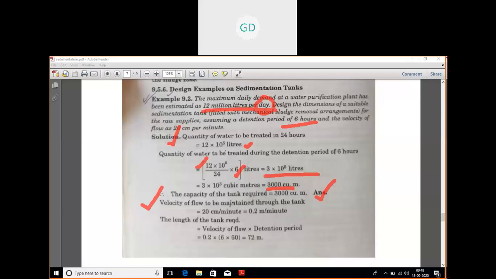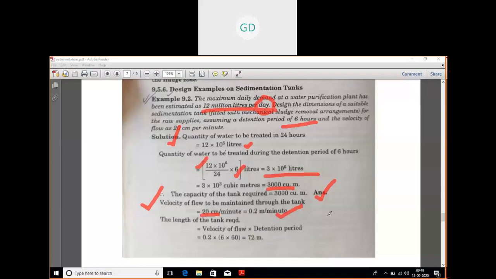So 20 centimeter per minute becomes 0.2 meter per minute. Now, it is asked to find the dimensions. What are dimensions? Length into breadth into height, that is, depth. So you need to find the length, width and the depth of the tank.